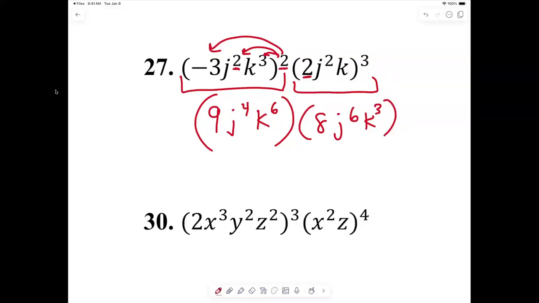And now what? 72j to the 10th. And then k to the 9th. Wow, very good. That's it. All right, that was pretty hard. Anybody have any questions with that?